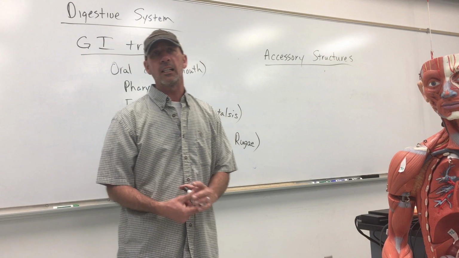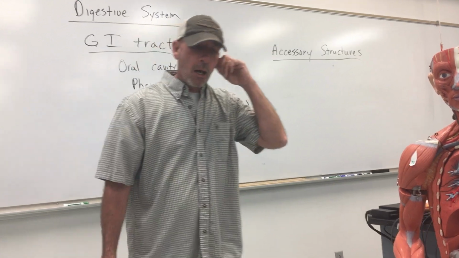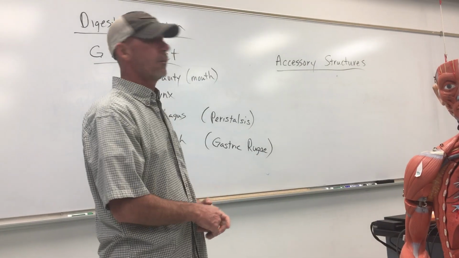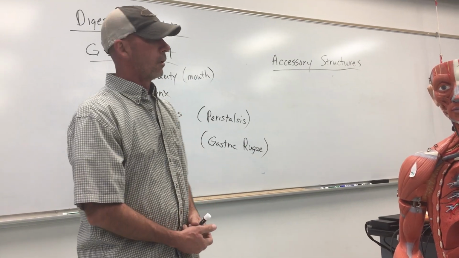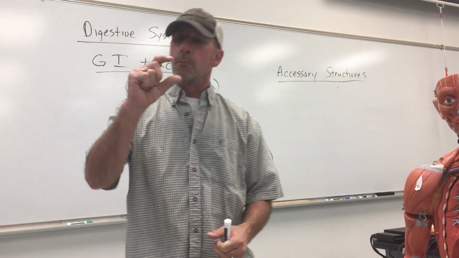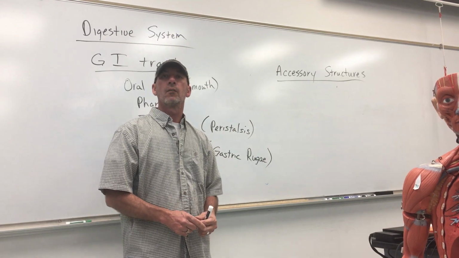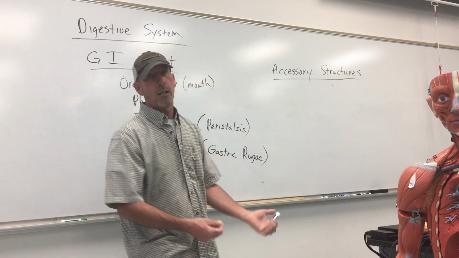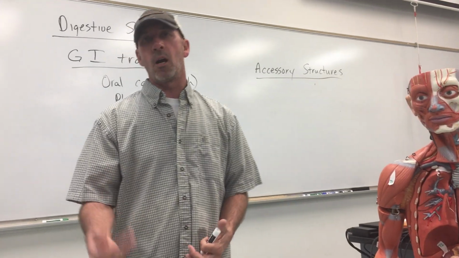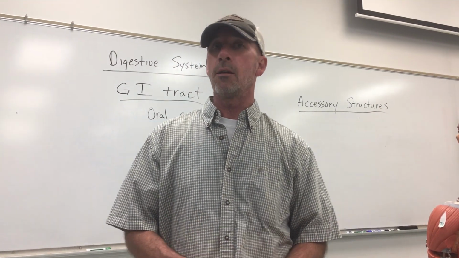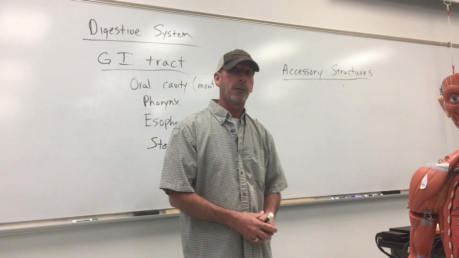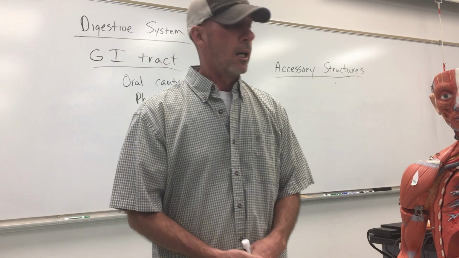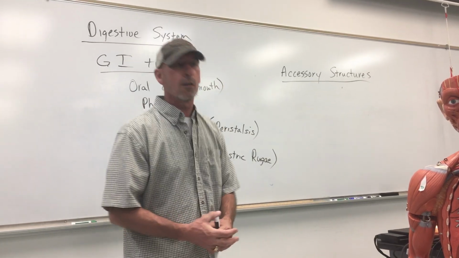We have lots of specialized cells inside the stomach. We have what used to be known as goblet cells. We call them mucus cells, obviously producing the mucus layer. Now the mucus layer is really nice and thick inside the stomach compared to the rest of the GI tract. And this is because parietal cells in the stomach secrete hydrochloric acid. And hydrochloric acid, as you may well know from chemistry, is a very strong acid.